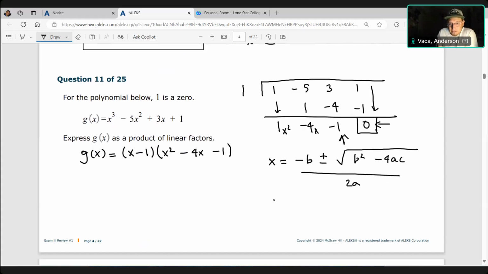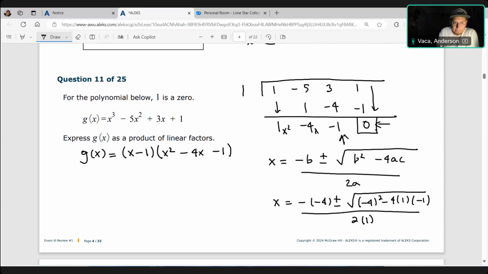All right, so let's go through this. Negative, negative 4, plus or minus b squared, which happens to be negative 4 squared, minus 4 times a times c, everything divided by 2 times 1. This is a, this is b, and that is c.